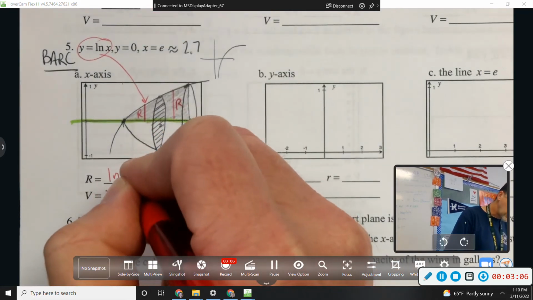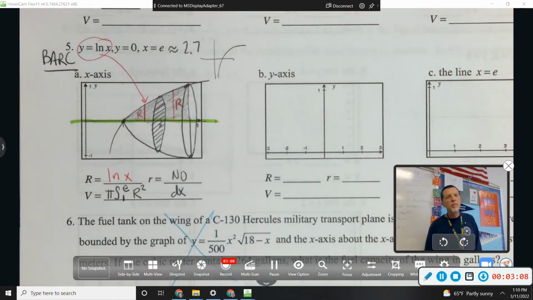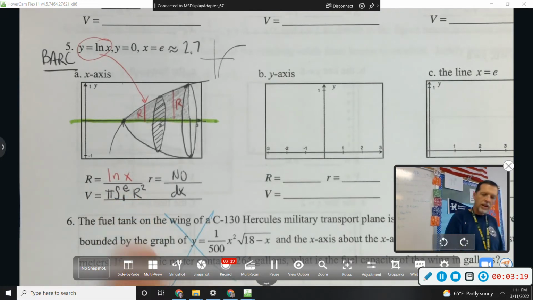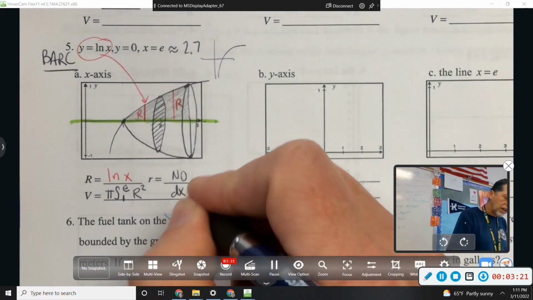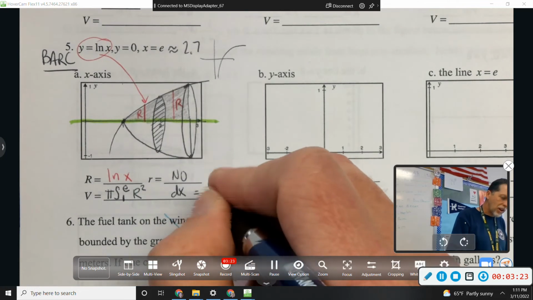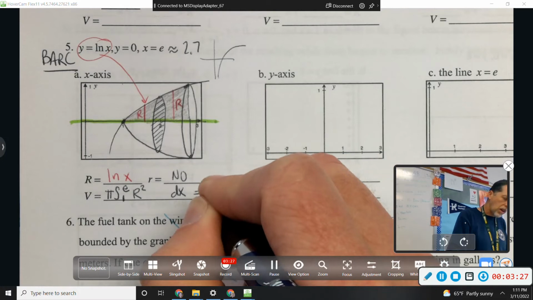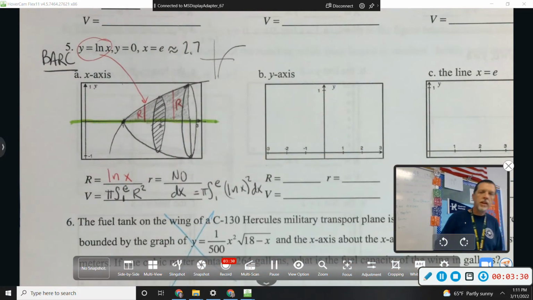So r is natural log of x. And this is okay for showing your work. It's okay to have r in that expression because you've defined what r is. Now when it comes to the calculator, I guess this is where we should be careful. This is okay to leave as an answer, but to put in the calculator, you'd have to put natural log of x in there to get the answer.